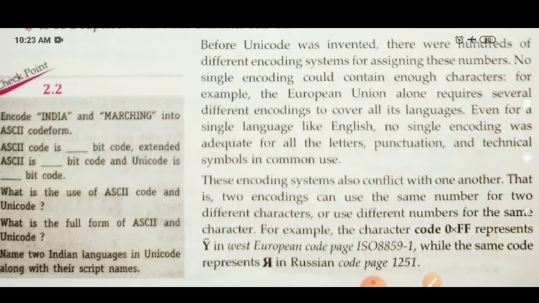So how will they understand? And you know that computers are used by each and every one. So Unicode is decided on the basis of globalization, so that everyone will use a common coding system which is known as Unicode. So this is the way by which data is represented inside the computer.